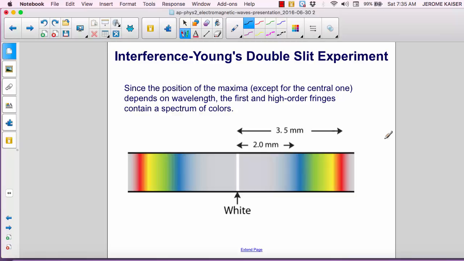As we move away from that, each of the maxima are going to depend on the wavelength. Consequently, for different colors of light, the position of the maximum relative to the center is going to be shifted. And we get a rainbow effect, as you see in this diagram.